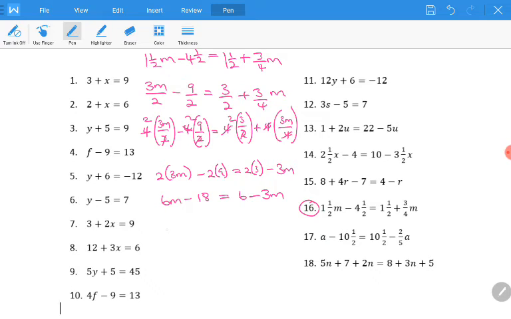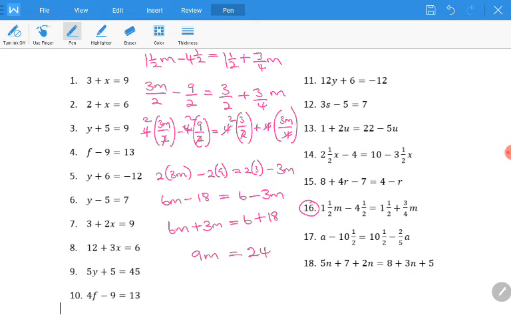So then this simplifies to, I'm going to put the unknown numbers on the left hand side. So 6m, this 3 is coming to the left hand side, so it becomes positive. So 6m plus 3m is equals to 6 plus 18. So 9m is equals to 6 plus 18. This gives us 24.